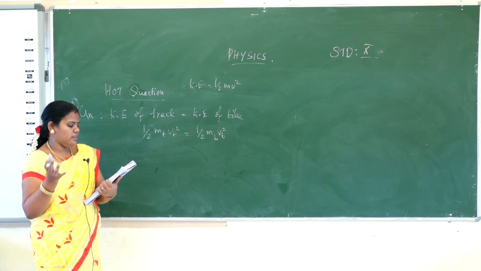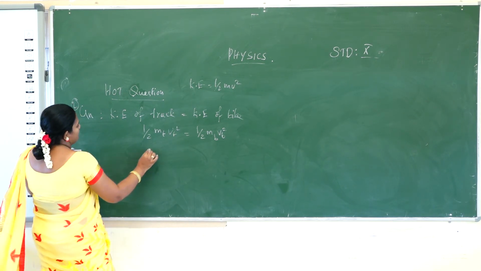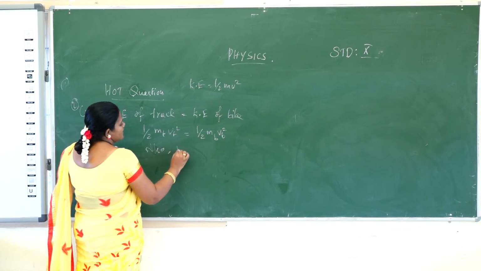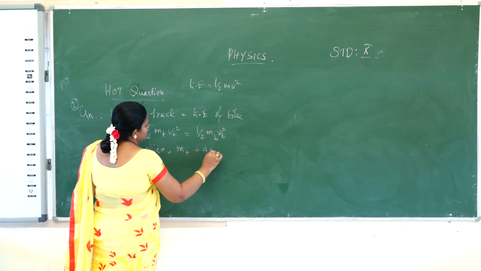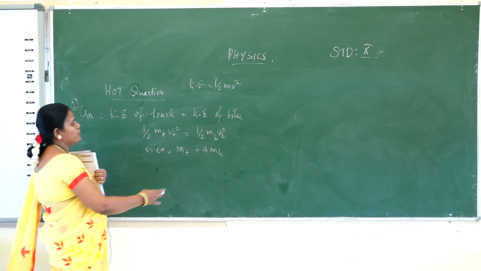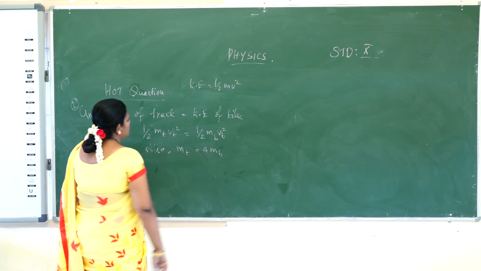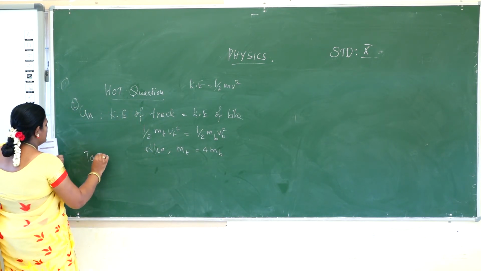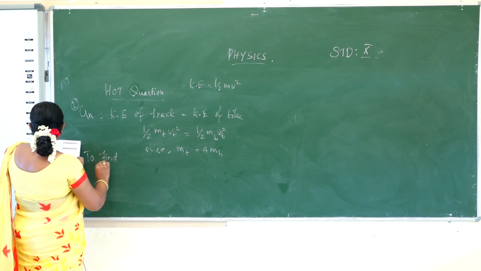What are the other given values? Also mt, the mass of the truck, is 4 times the mass of the bike. So mt is equal to 4 mb. So these are the given values. To find, what will we find?